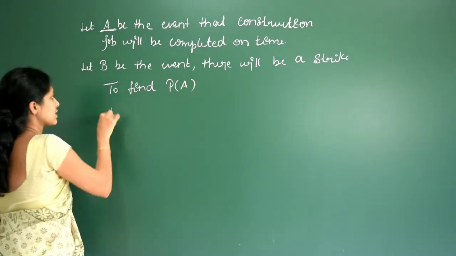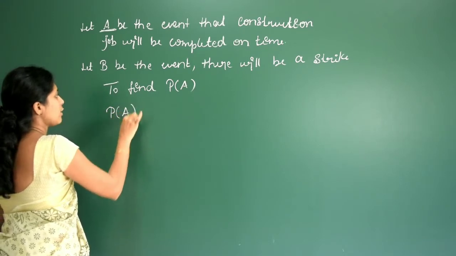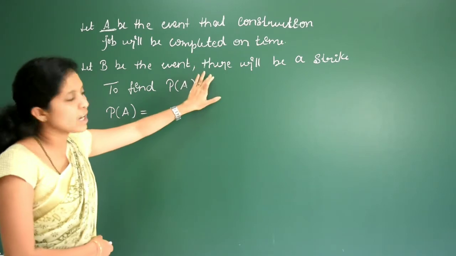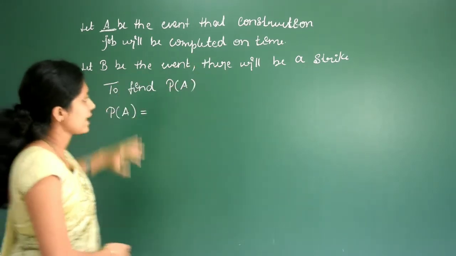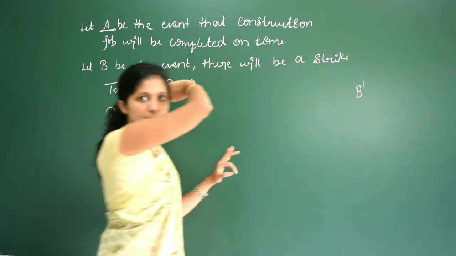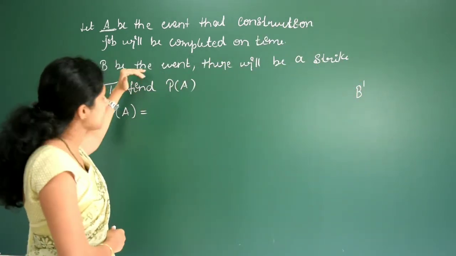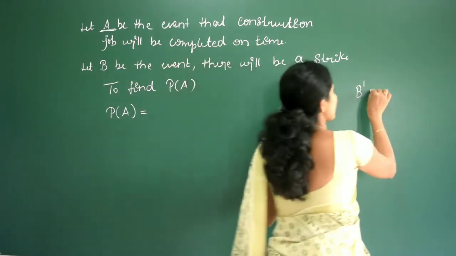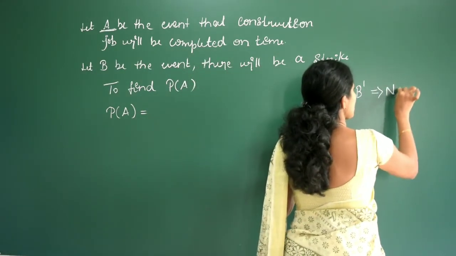Anyway, formula is known, right? Probability of A is given by, what is that? Here, one more thing: B is one event and another event will be B dash, that is affecting the construction job. B is the event that there will be a strike, so B dash is the event that there is no strike. Is it clear?